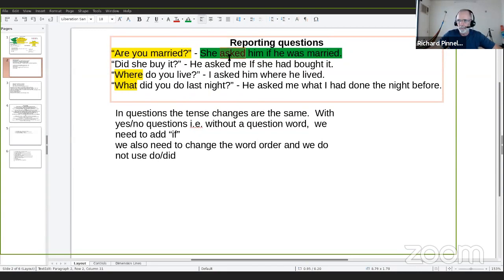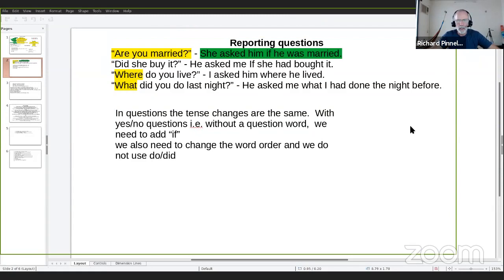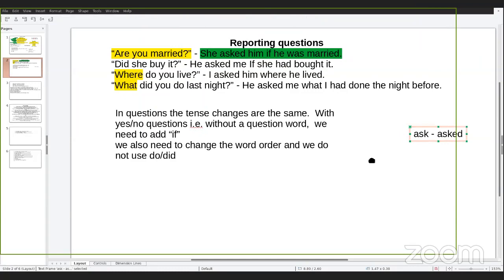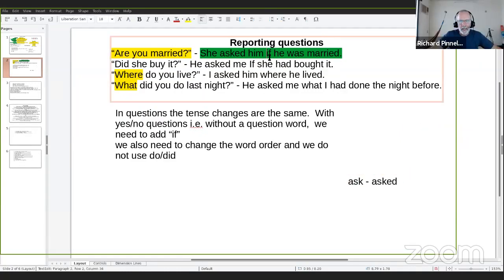But this time, because it's a question, we're not using say or tell, we're using the reporting verb ask. And the past of ask is asked. And secondly, because this is a yes or no question, we need to use if he was married. We need to use if.